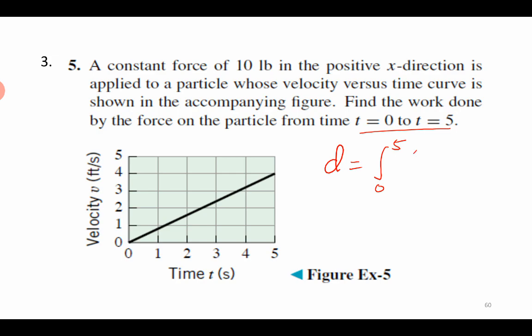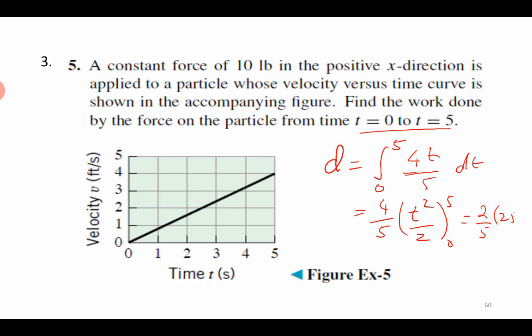V, velocity, is 4t over 5 dt, and of course 4 over 5 is constant. When you integrate t square over 2 from 0 to 5, the 2 can become 2 over 5, and this will be 25 minus 0, 2 over 5 and 25, you will get 50 by 5.